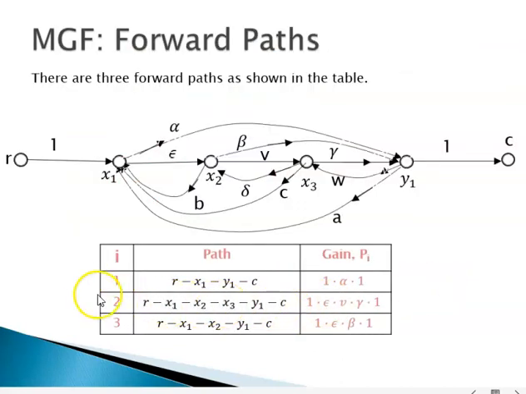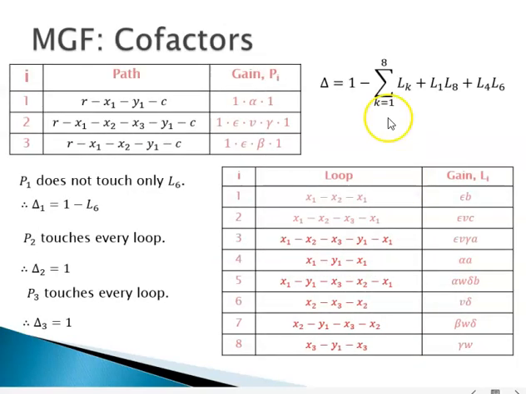And then you identify forward paths. As we have noted, there are 3 forward paths, P1, P2, P3. Corresponding to each one of these, you have delta 1, delta 2, delta 3. So in delta 1, you remove all the terms that have something in common with path 1.